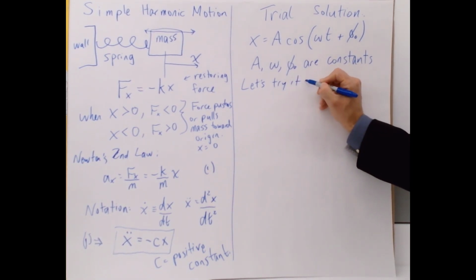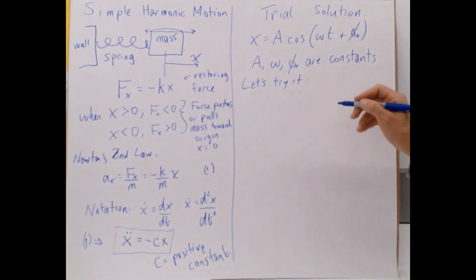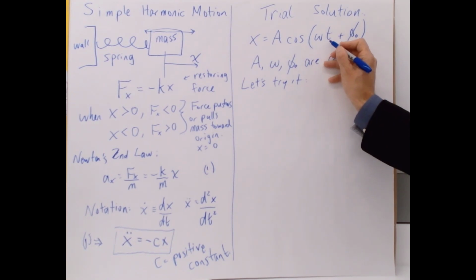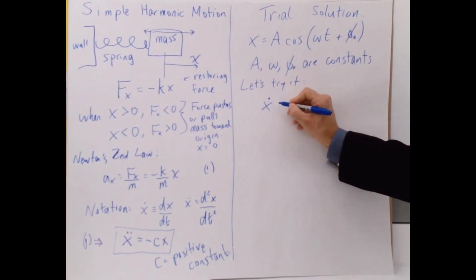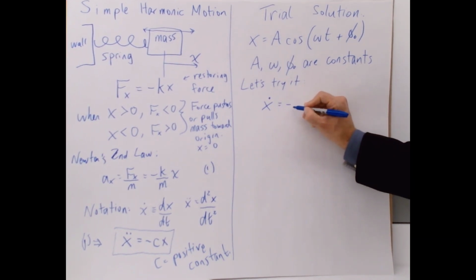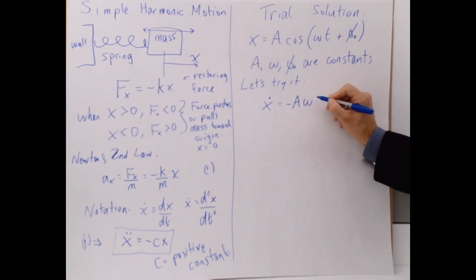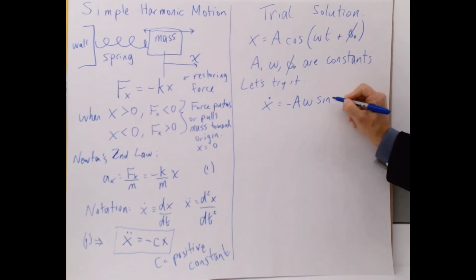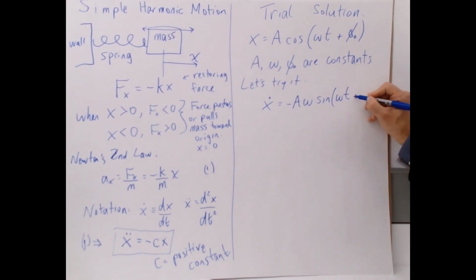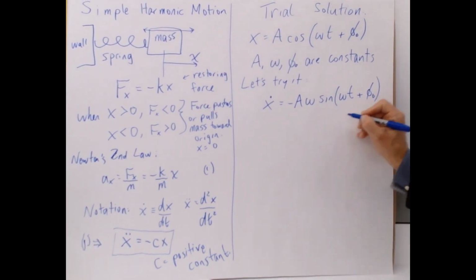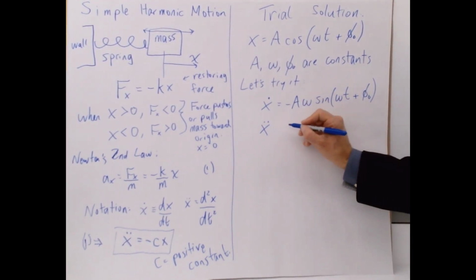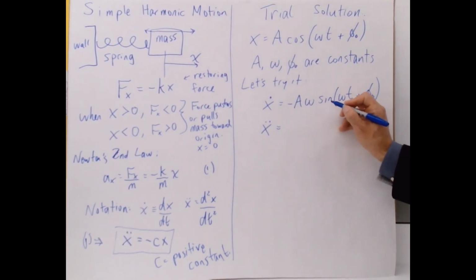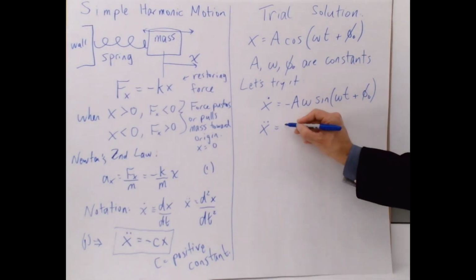So you can take the derivative of cosine as negative sine, and you have to use the right derivative rules. x dot is going to be equal to negative A omega times sine of omega t plus phi naught. And x double dot, again, just the time derivative of this, the derivative of sine is positive cosine, so this negative stays.